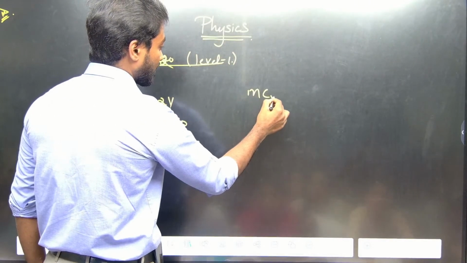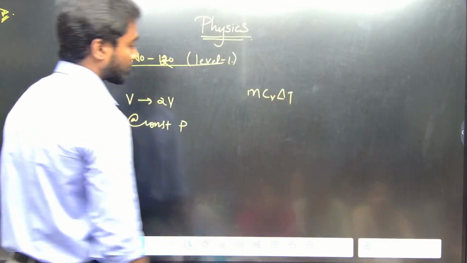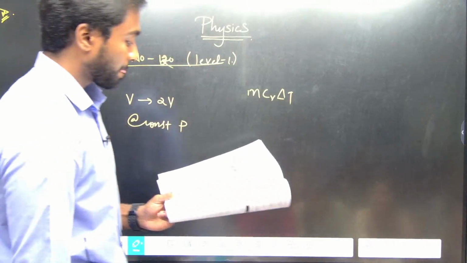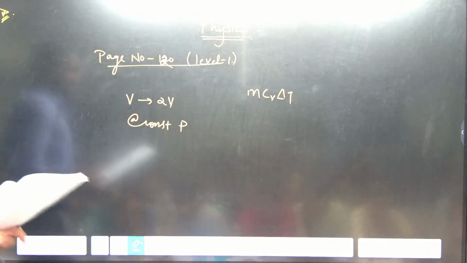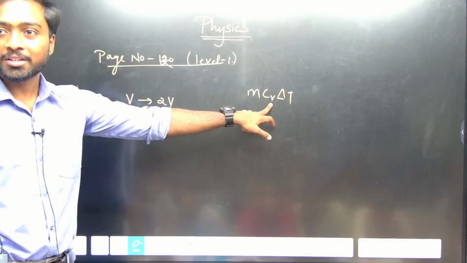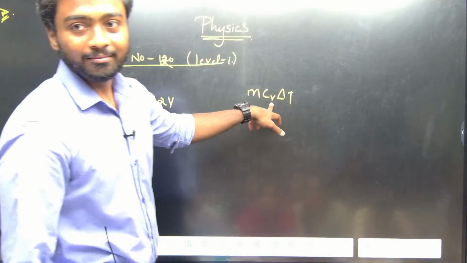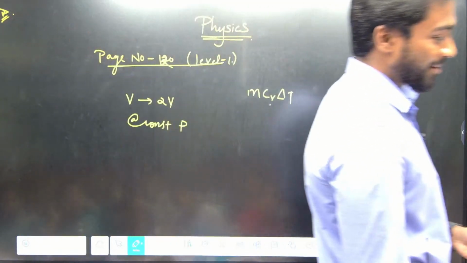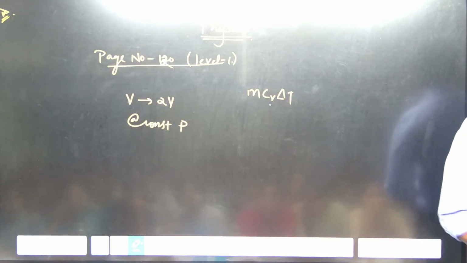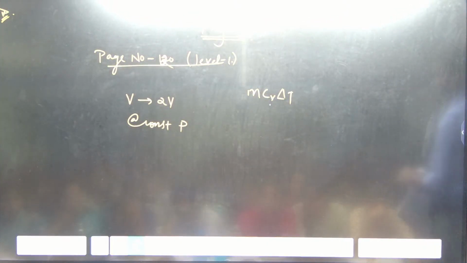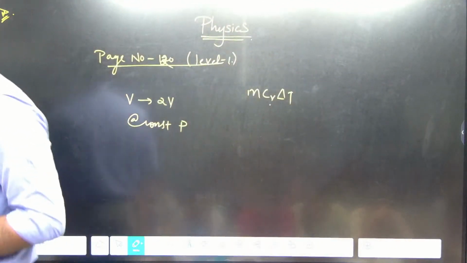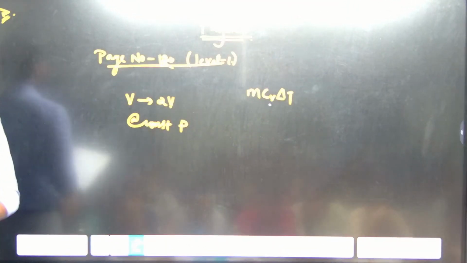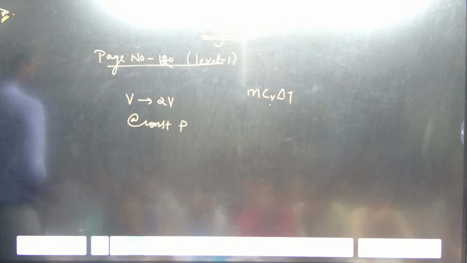m C v delta T. Pressure is constant, so I can take Cv, no? If pressure is constant, I should take Cp. Tell, what is the condition? Pressure constant, so Cp.